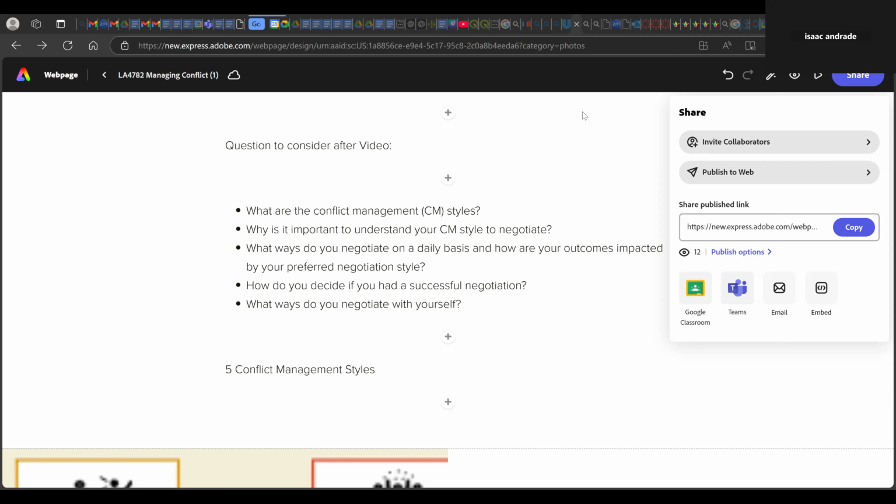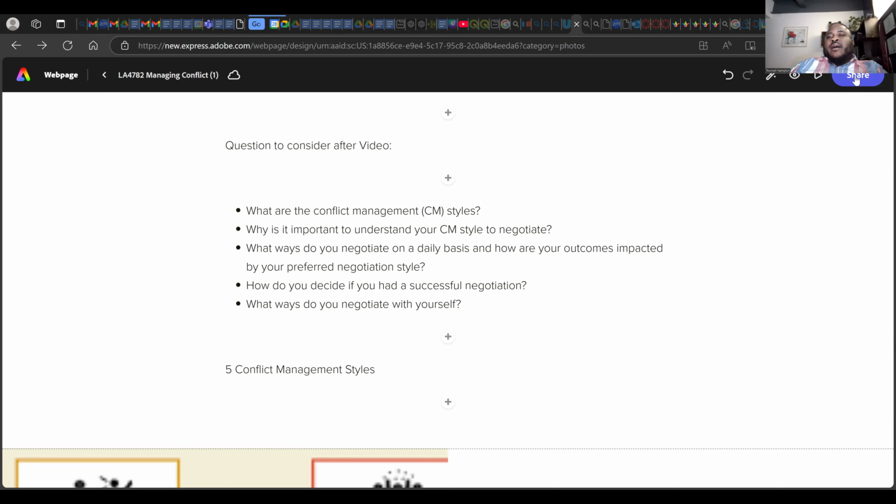Well, I think knowing your style can help you with your strengths and weaknesses, and overall negotiation. Yeah, that's important. It can let you know your strengths and weaknesses, and it also can give you multiple options to choose from, right?